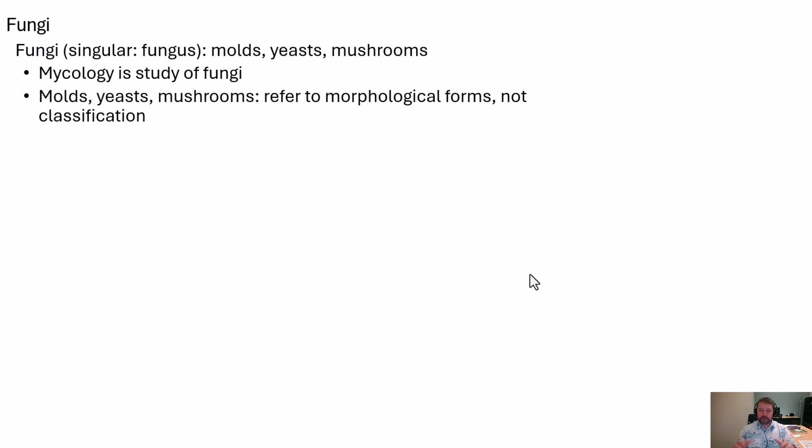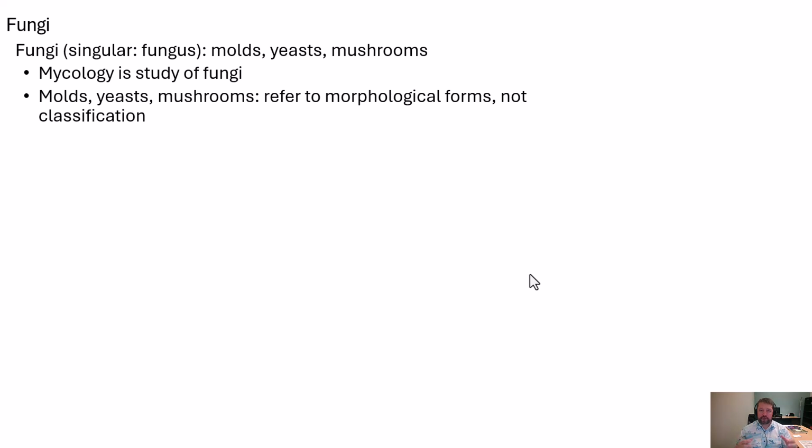That's not a group of fungi. Instead, it's actually the morphological form. So there are lots of species that can have both a mold form and a mushroom form, or a yeast form and a mold form, but it's the same species.